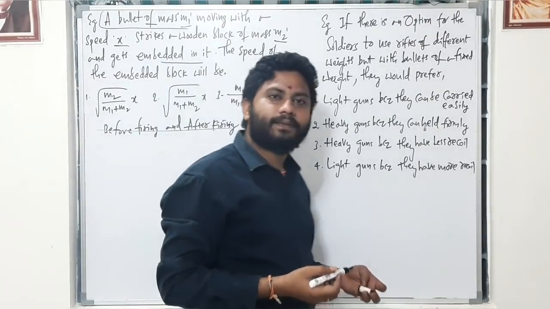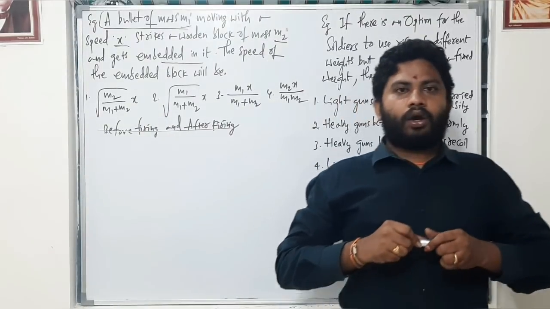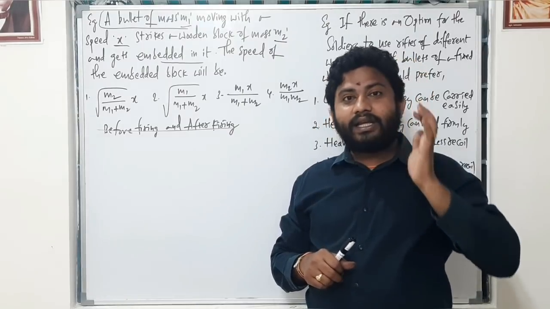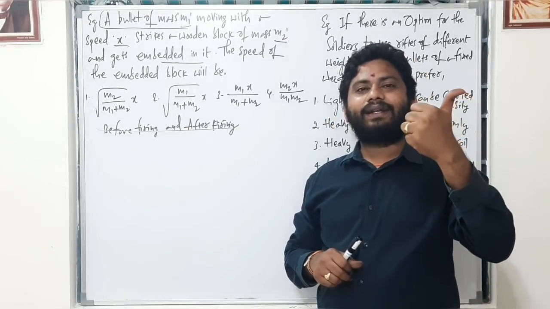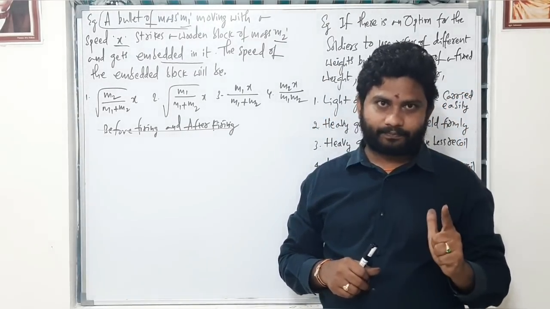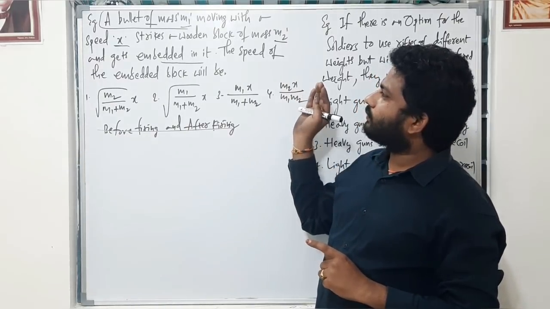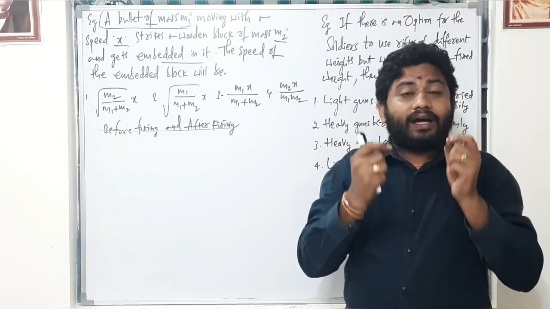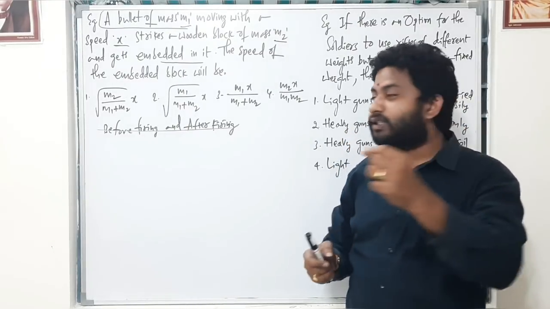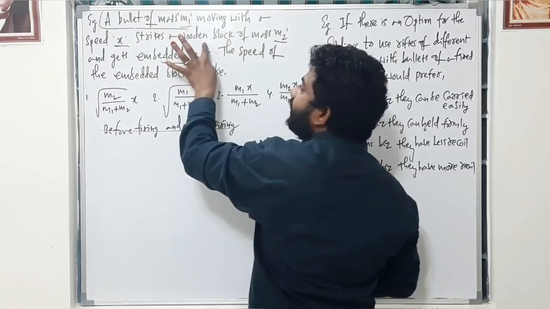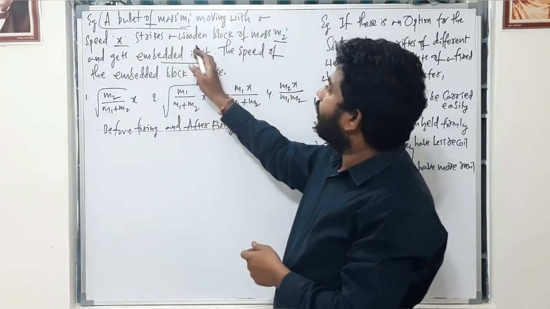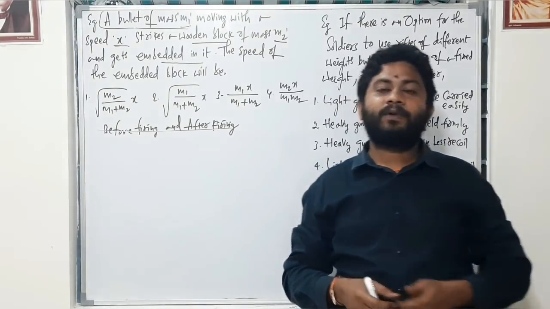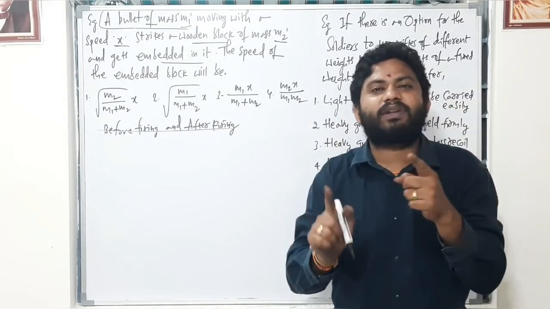In this case, there are not only a bullet and a gun. There's no information given about the gun. There are two bodies, one is the bullet and another one is the wooden block. When we are talking about the law of conservation of linear momentum, we must talk about the collision between two bodies.